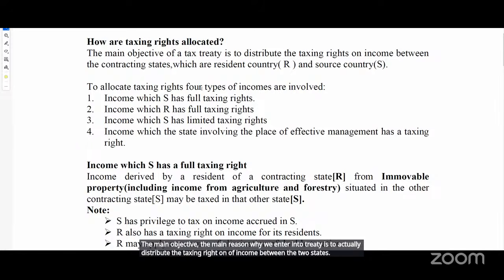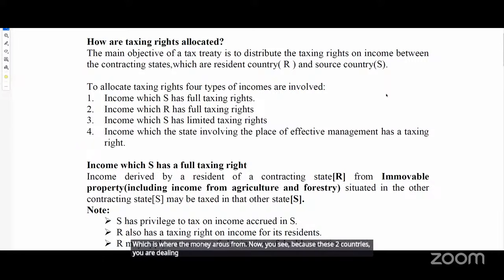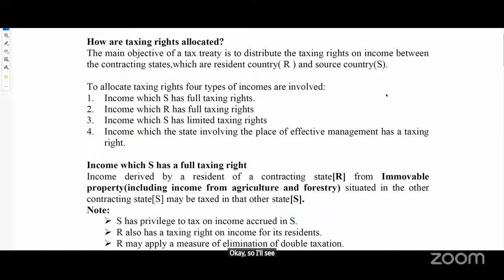So, country R, which is the resident state, which taxes you on your worldwide income, and country S, which is your source state, which is where the money arose from. Because you are dealing with 2 different countries, that is what creates double taxation. We call them the connecting principles or the connecting factors of double taxation.